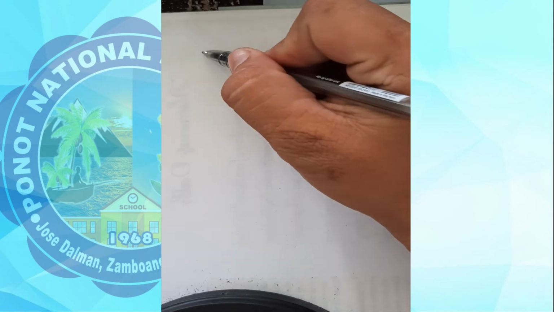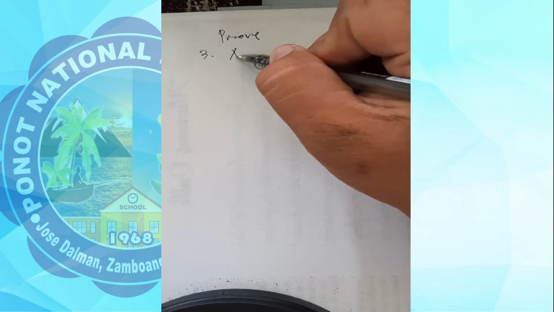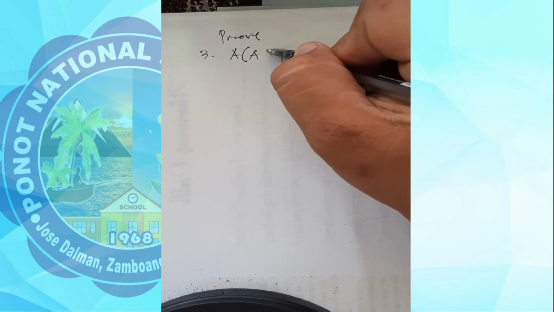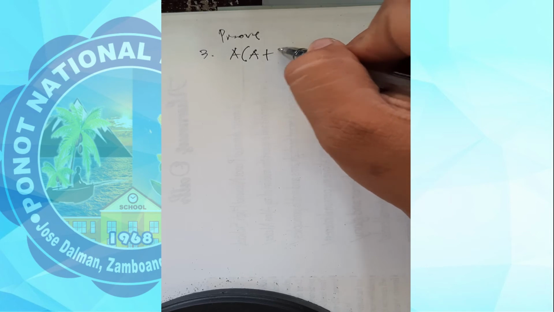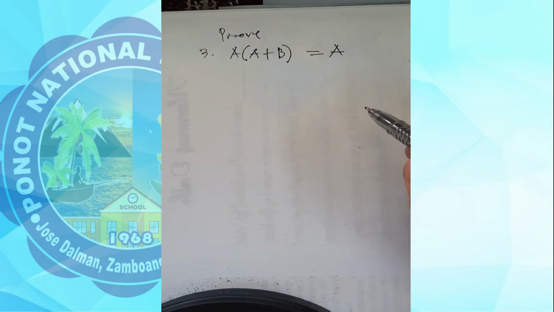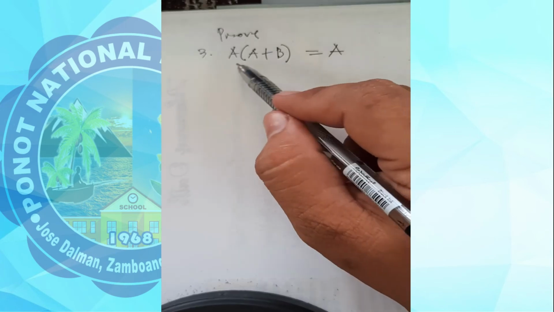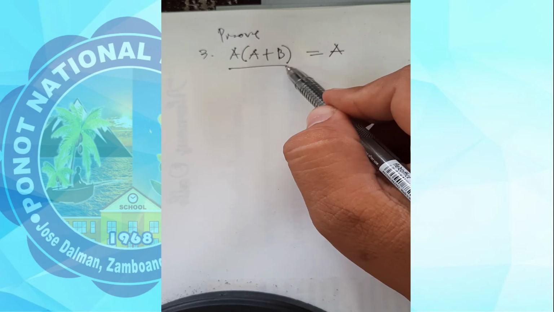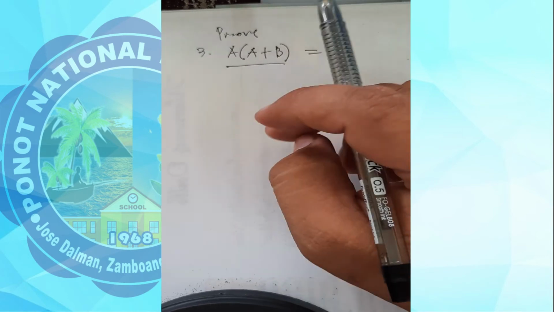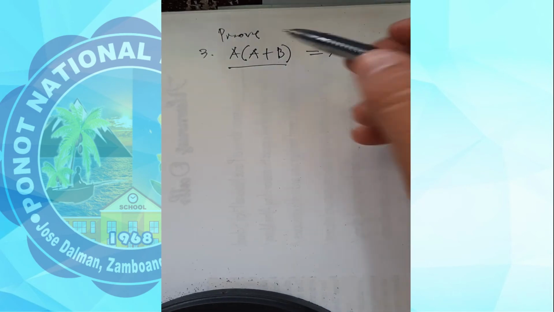Okay, for the third example, let us prove that A times the quantity of A plus B is equal to A. Okay, so let us simplify this term. There are many ways. You can factor, you can multiply, as long as you get the right answer.